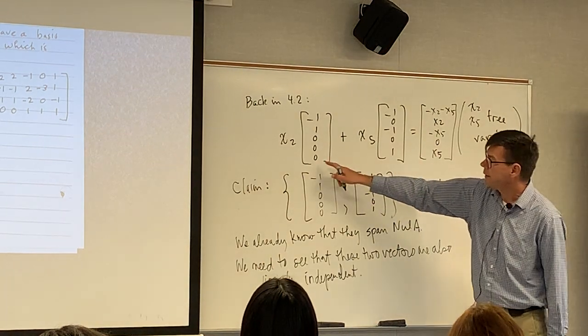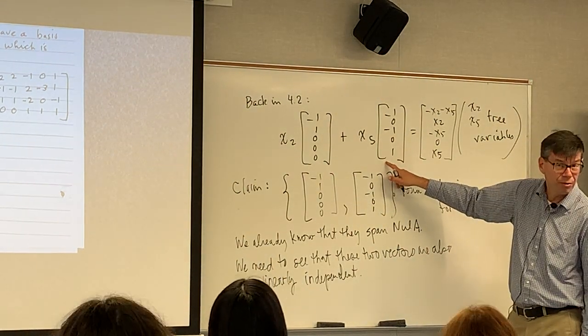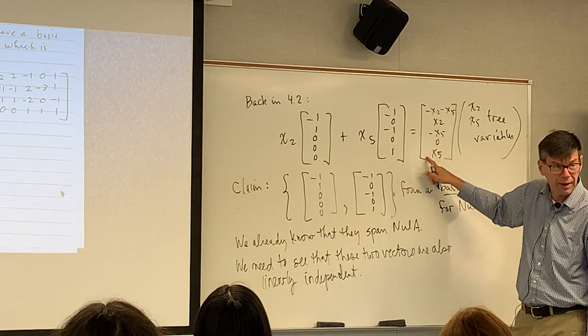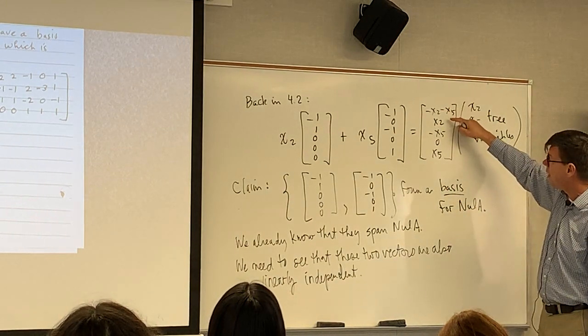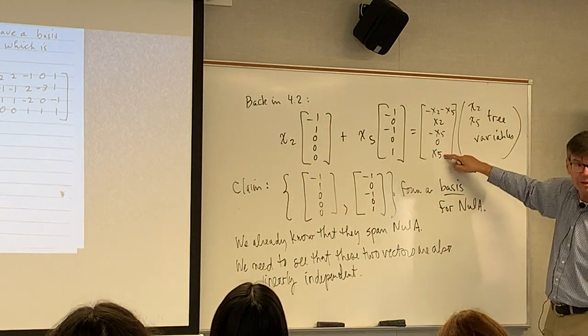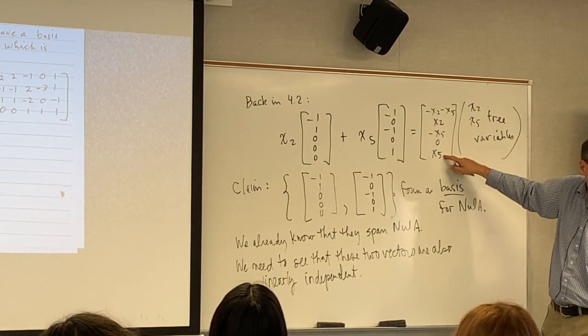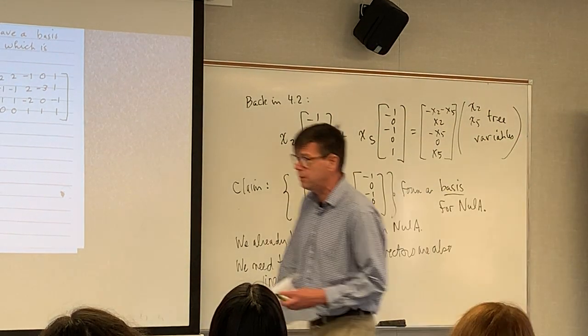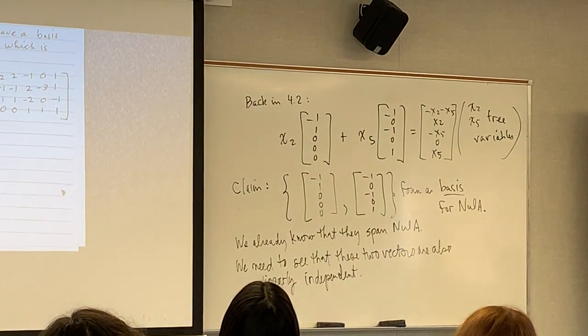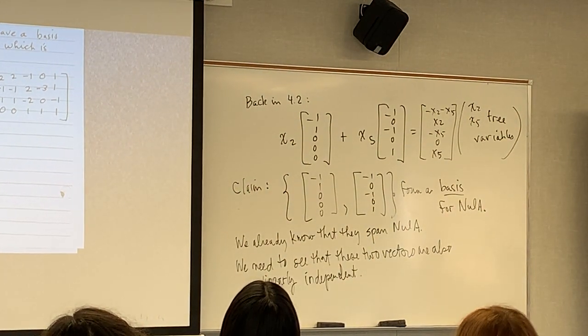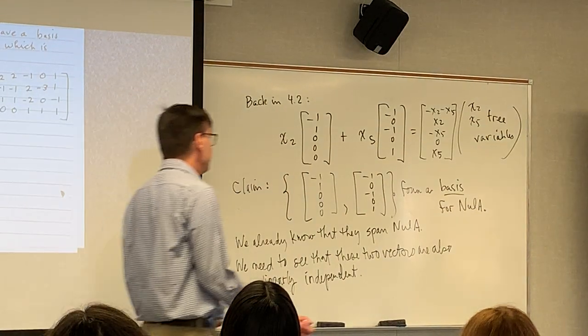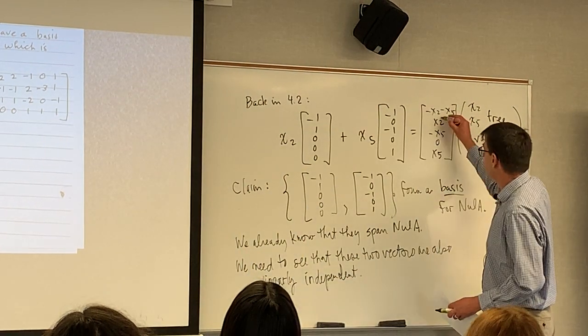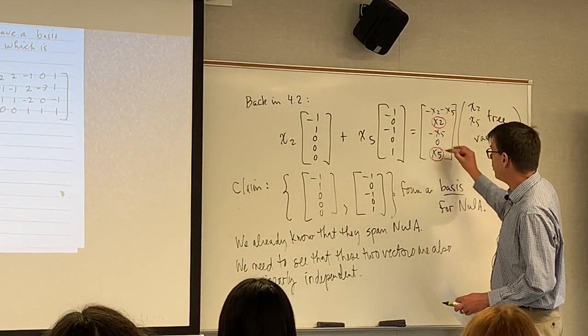The only way a linear combination of these two could be equal to the 0 vector is if all entries of this vector are 0. But because of the presence of the free variables, when we have a free variable, you're always going to have entries that are just the free variable.